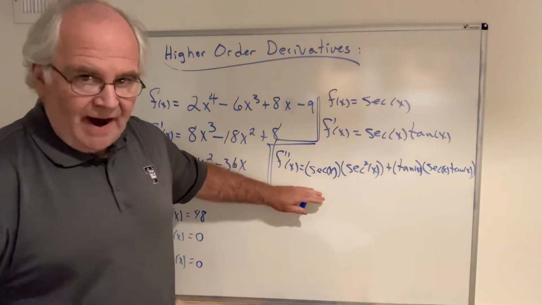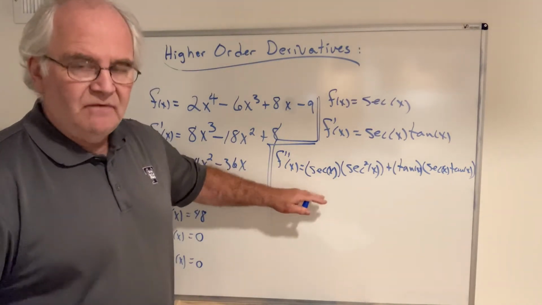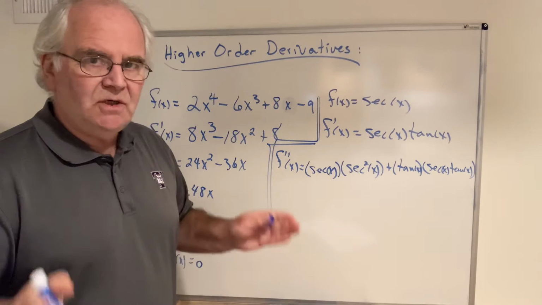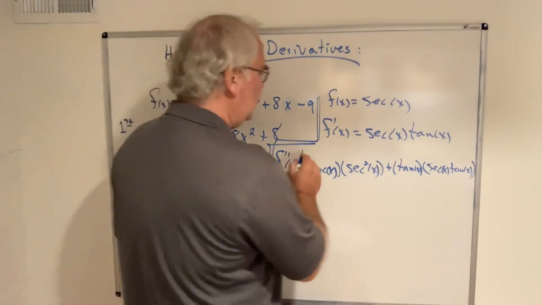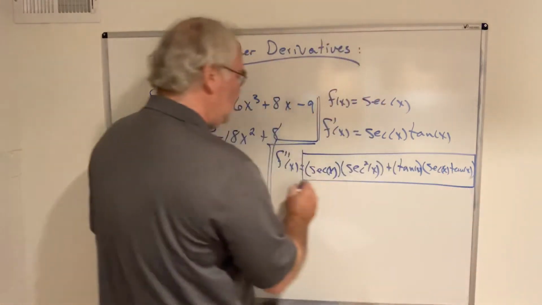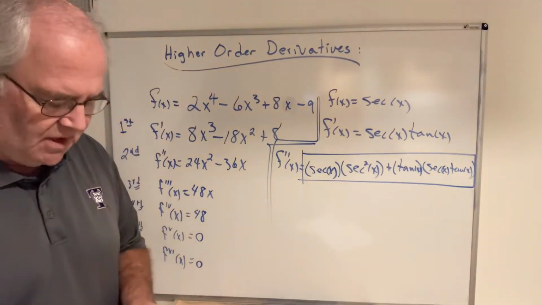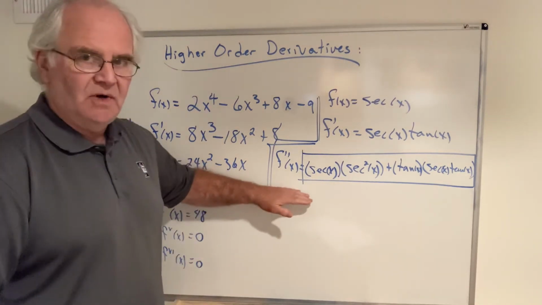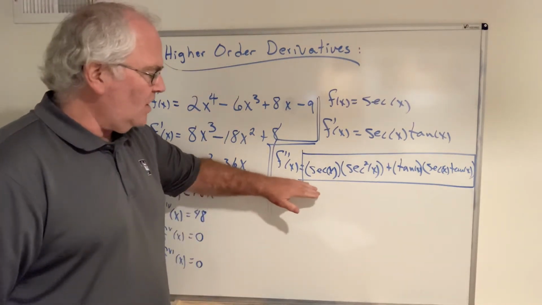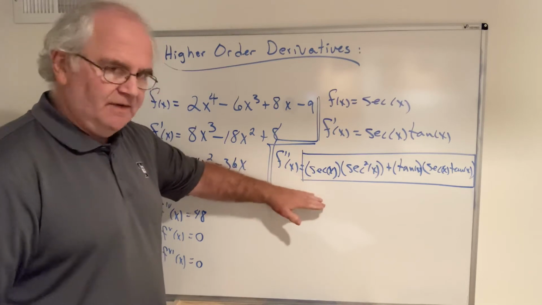And if all you're asked to do is find the second derivative, then you do not need to simplify. If you're required to simplify for some reason, then yes, do it. If you are not required to simplify, then leave it alone.